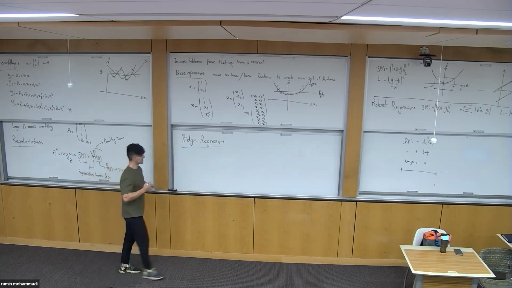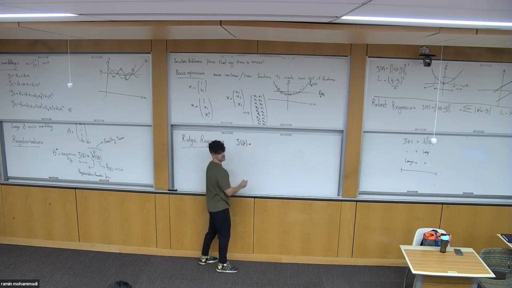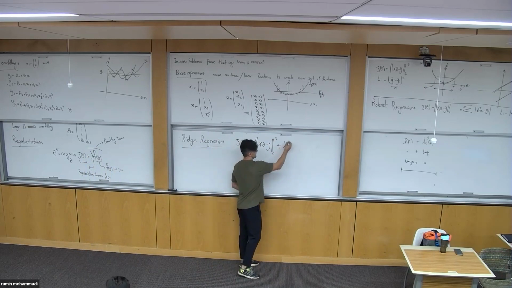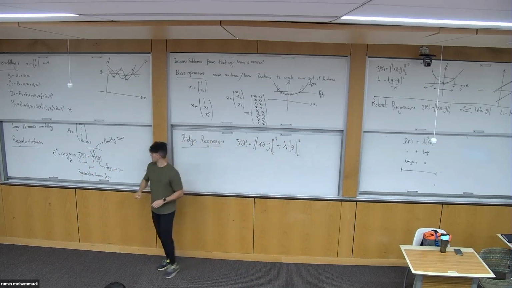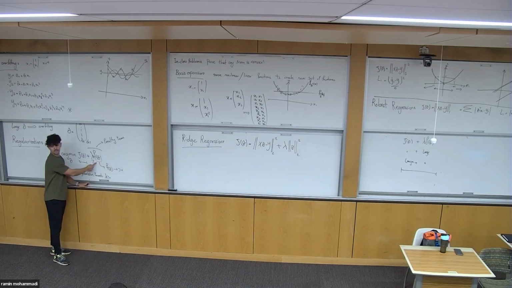Ridge regression is that if I choose the following cost function, a norm 2 plus a norm 2 over my theta. So the penalty term is going to be a norm 2 over thetas.